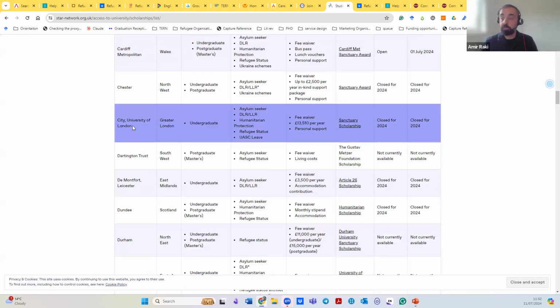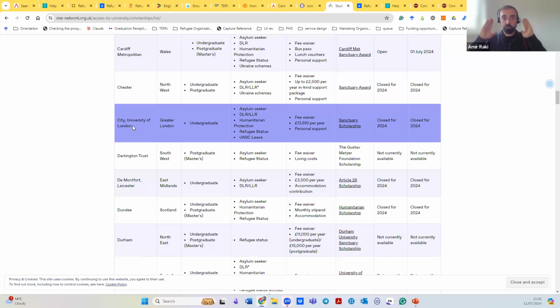City, University of London, they only have a scholarship for undergraduate. So if you would like to apply for postgraduate, City, University of London is not a good option because they don't give a scholarship for postgraduate studies.